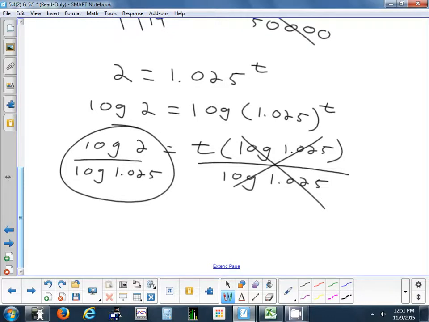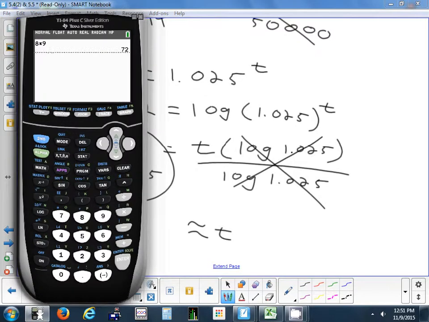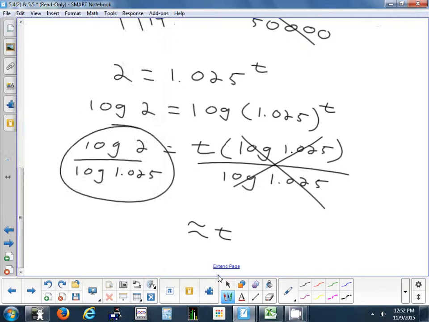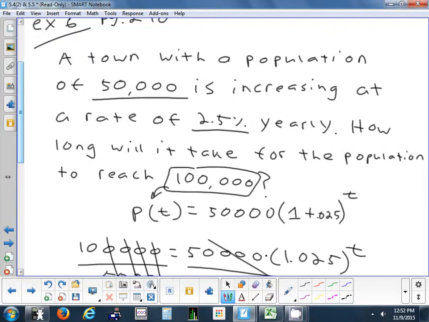Okay, we'll just plug it in and see what we get as a decimal. So take log of 2 divided by log 1.025. Here we get about 28.07, and that was in years.